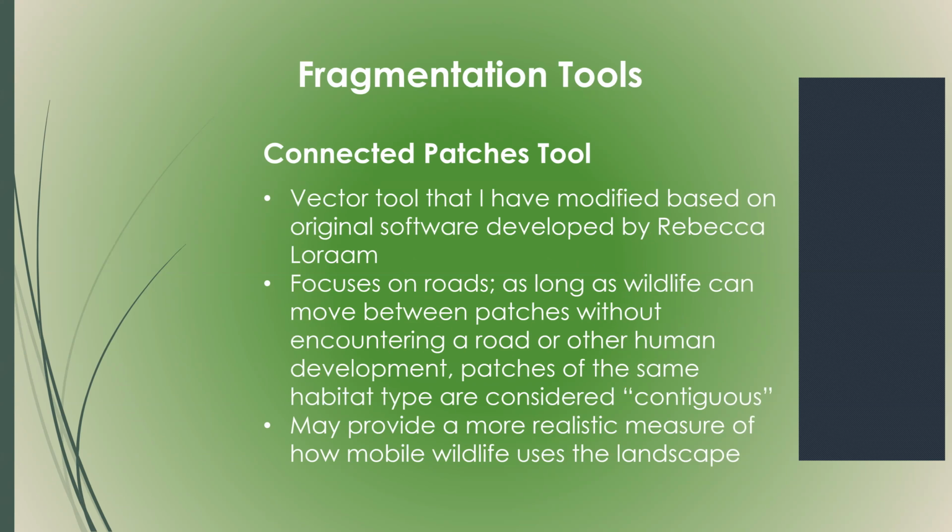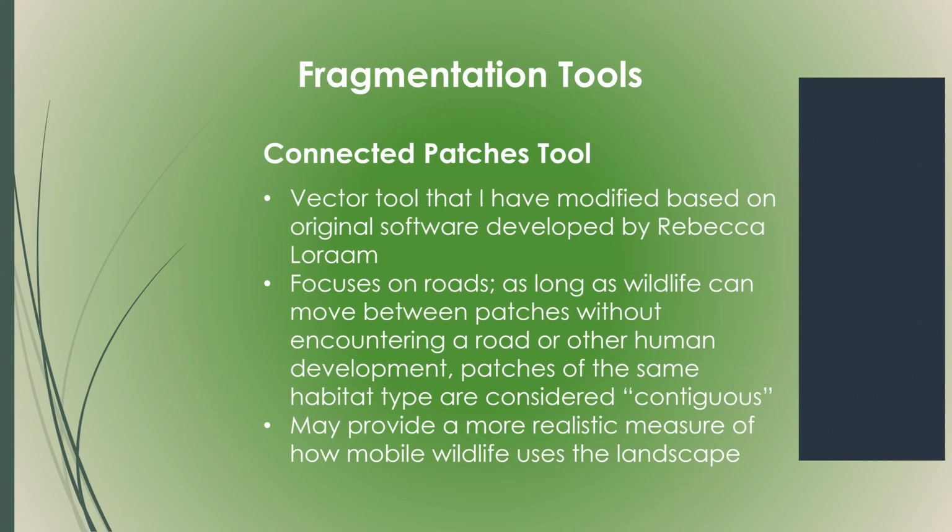And it focuses on the roads. So as long as wildlife can move between patches of habitat, whatever type, without encountering a road or other development, patches of the same habitat type within that zone are considered contiguous. And that approach may provide a more realistic measure of how large and mobile wildlife like elk uses the landscape.